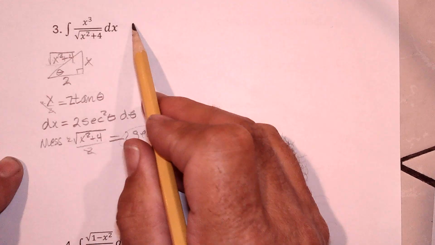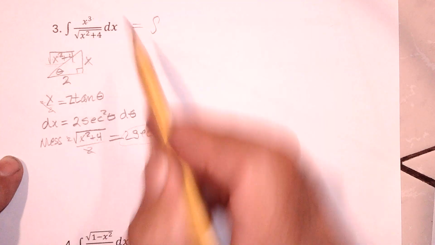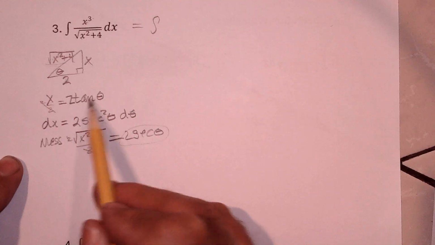So this problem becomes x to the third. Well, that would be 2 to the third tangent to the third.